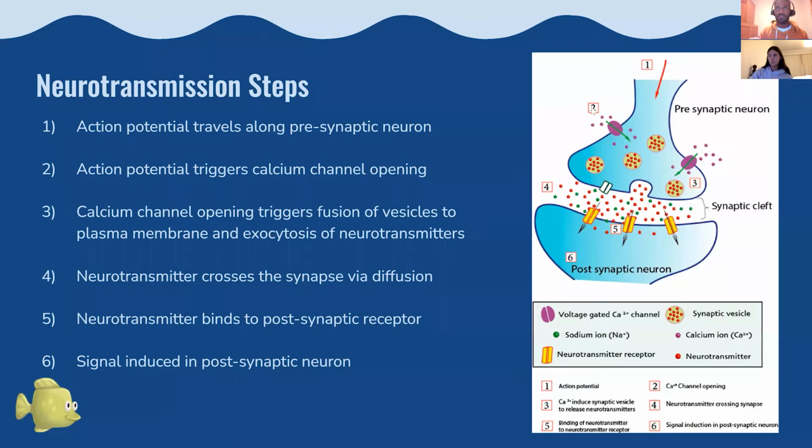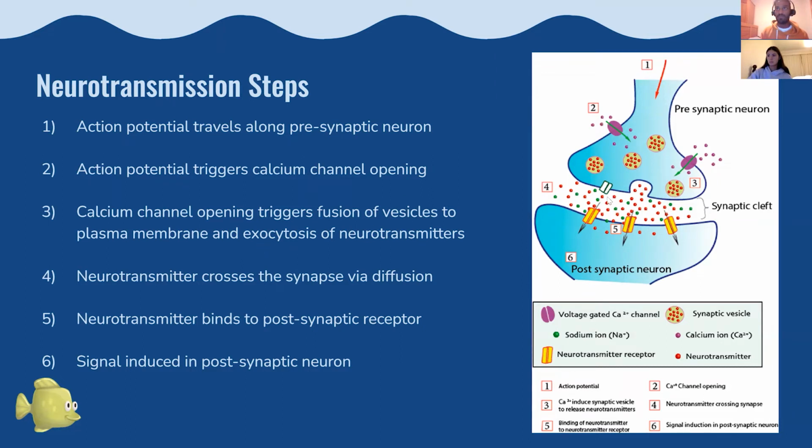This opening of these channels will cause our vesicles, which already have our preformed neurotransmitters, remembering that the nerve synthesizes the neurotransmitters and packages them in these vesicles. Once the calcium channels open, these vesicles will move towards the end of the nerve and leave the nerve via exocytosis.